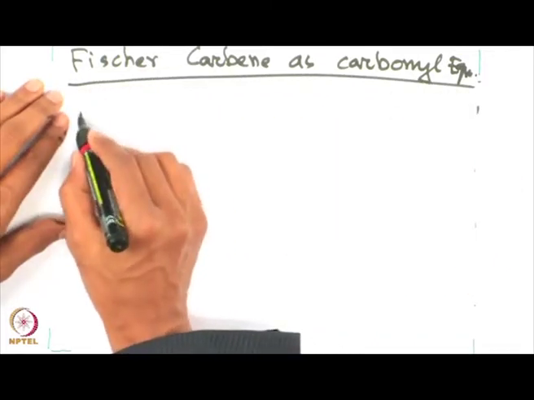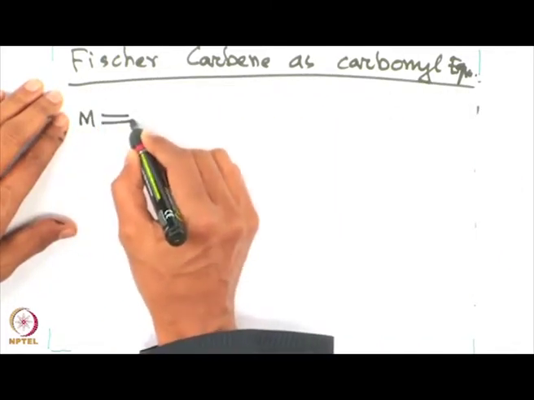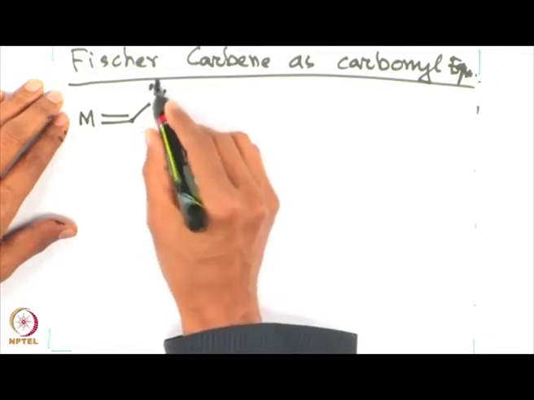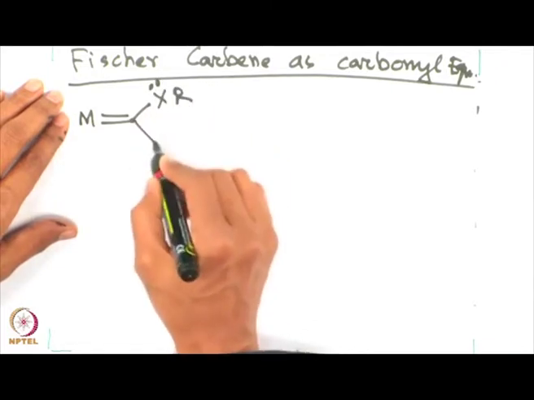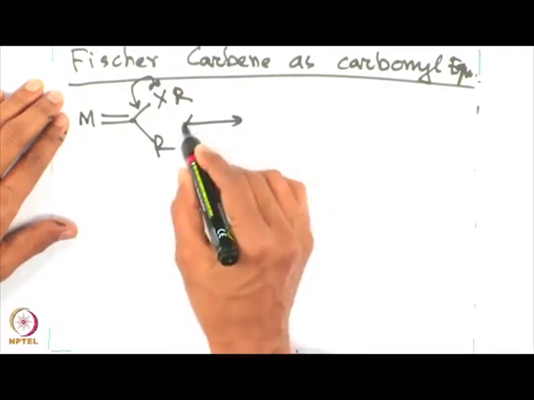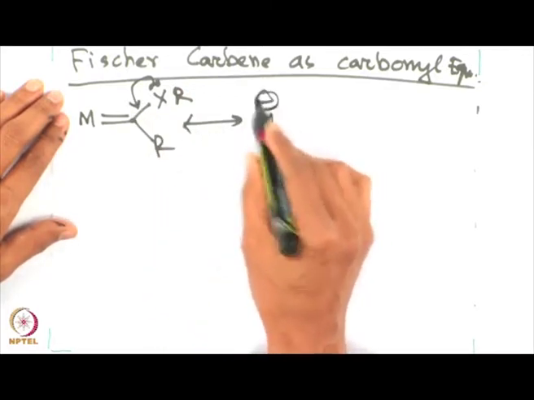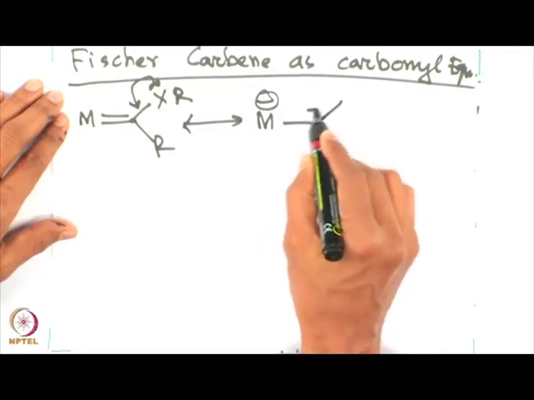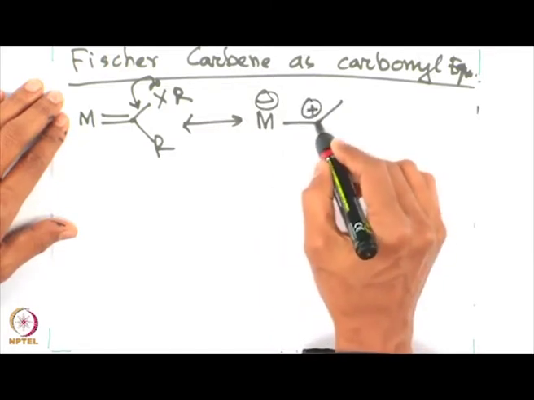The first thing that comes to mind is, let us try to put the lone pair, that is the integral part. Okay. Now, you can write it down like M minus, and this is your plus. This is the characteristic of the Fischer carbene.